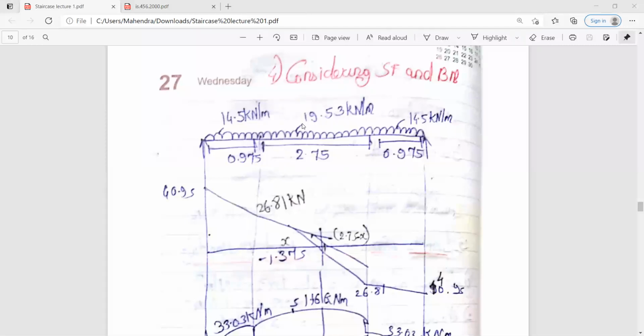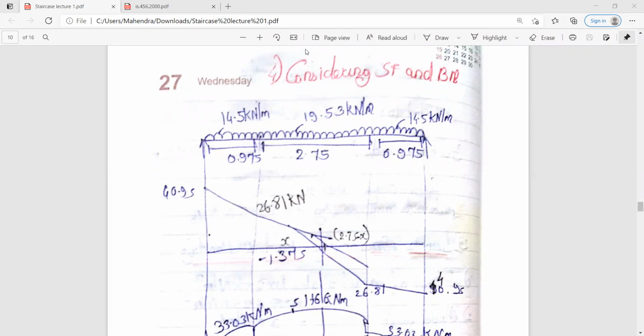This 19.53 is nothing but the load on the flight that you had calculated, and the load for the landing and mid landing is 14.5 kilonewton per meter, and the going distance is 2.75 for the flight.